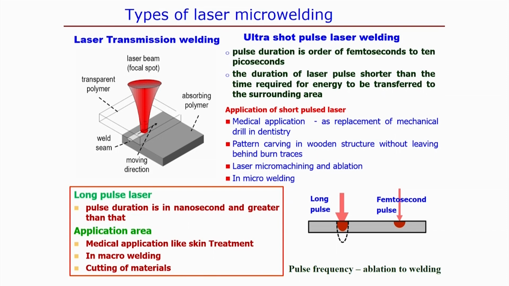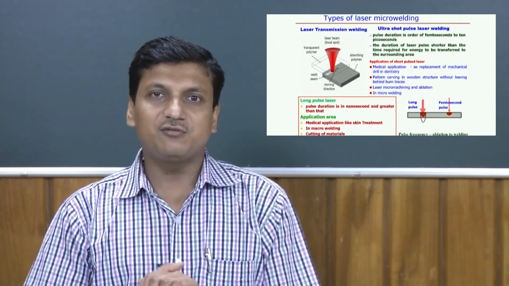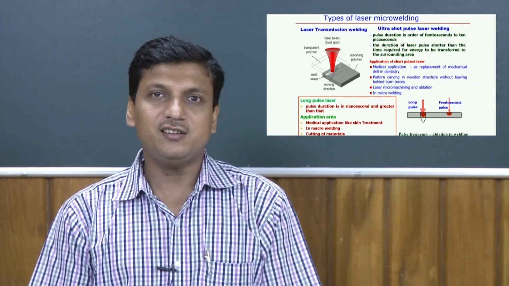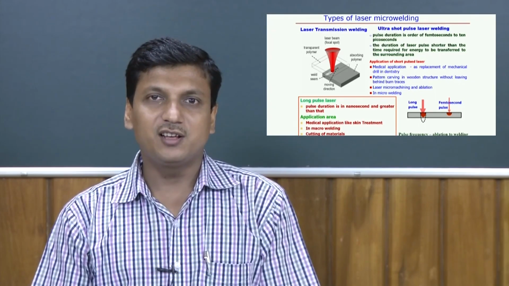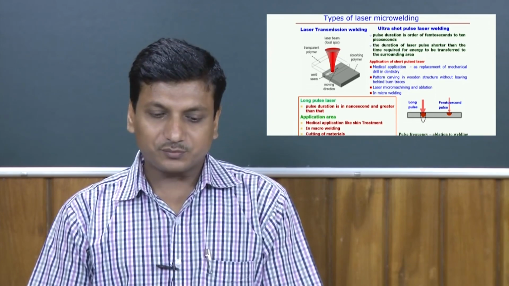But in this case, if we try to join two transparent polymer materials using laser transmission welding, and the laser light is transparent to both materials, then it is necessary to put a very thin absorbing layer at the interface, so that the layer will absorb the laser energy and melt the substrate material, and then we can form the weld.